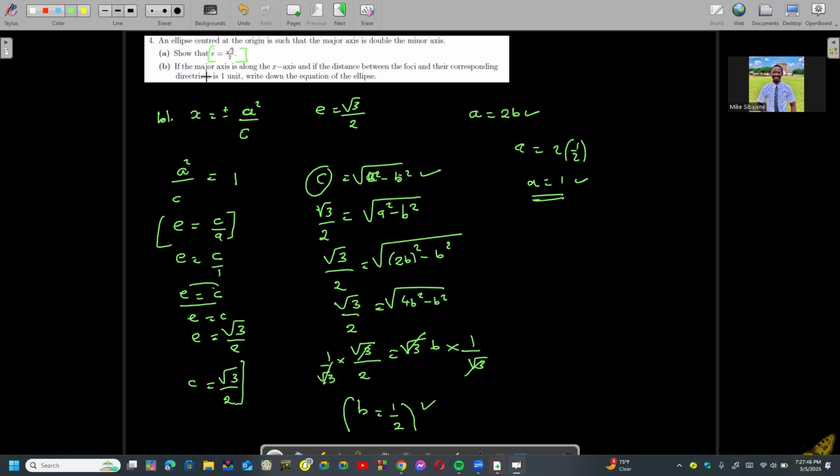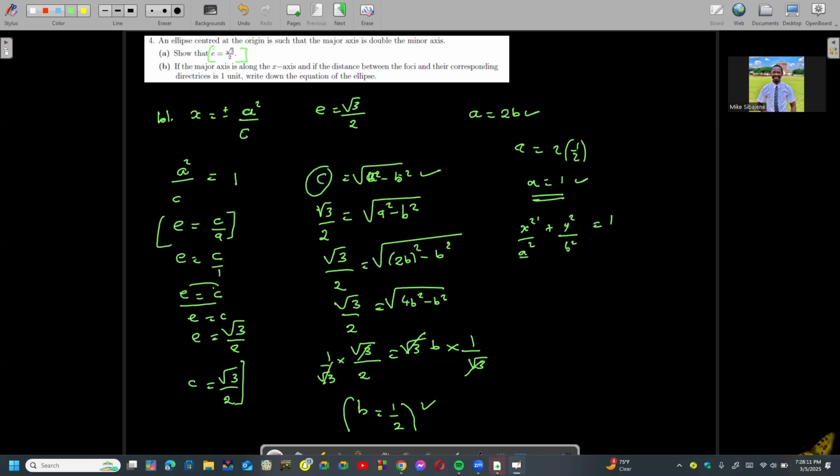But the question is saying that if the major axis is along the x-axis and the distance between the foci and their corresponding directrices is 1, write down the equation of an ellipse. So an ellipse is given by x squared over a squared plus y squared over b squared is equal to 1.